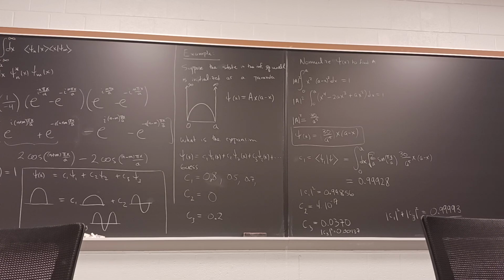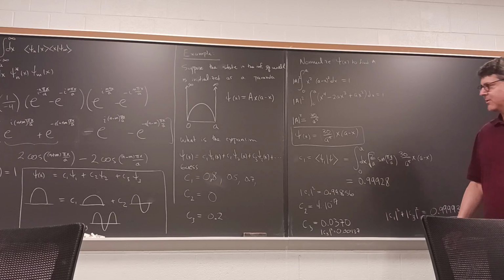Are there more? Because you put ellipses in the psi of x, so if you did this to C n, as n approaches infinity, you'd get 1 if you add them all up. Right. Yeah, I think C5 is going to, I don't know how many more 9s you'll get here.